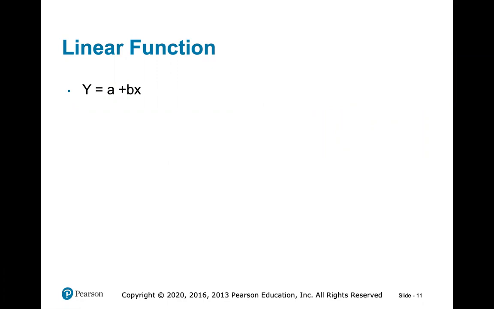But before I delve into explaining what that linear function means, let's just take a look at a linear function. Whenever you have an equation that looks like this, y equals a plus bx, remember this is an equation of a line.